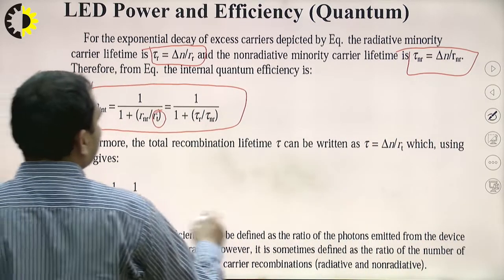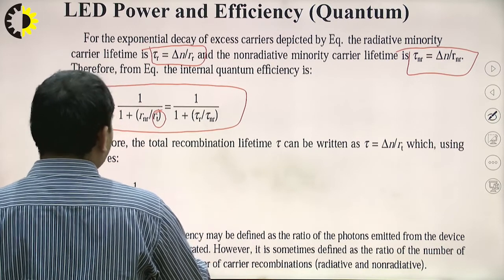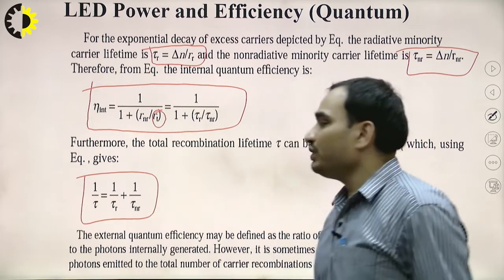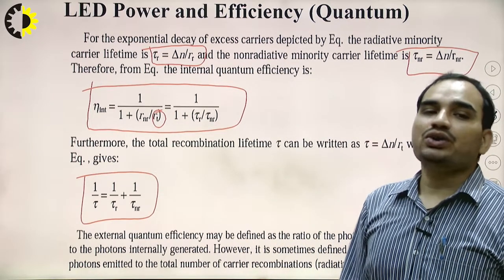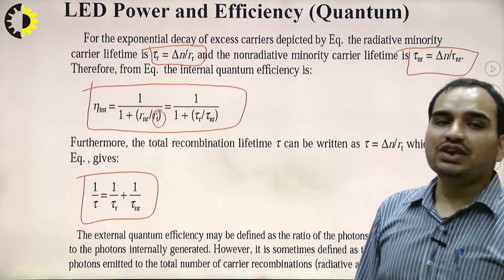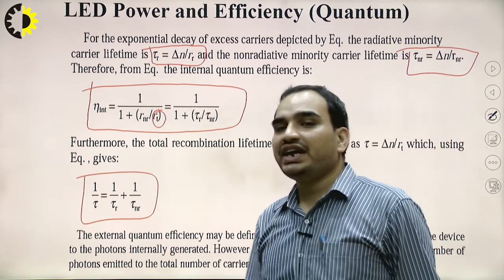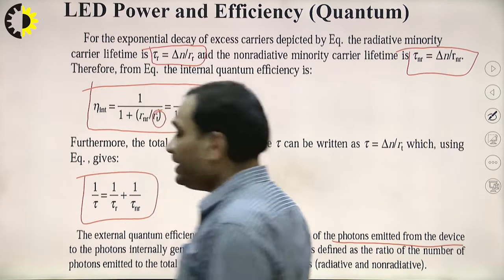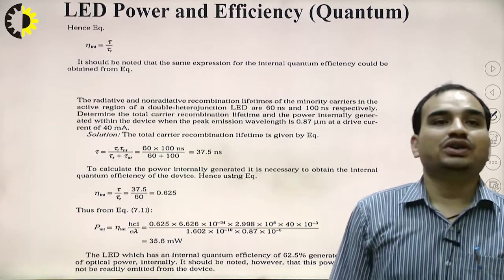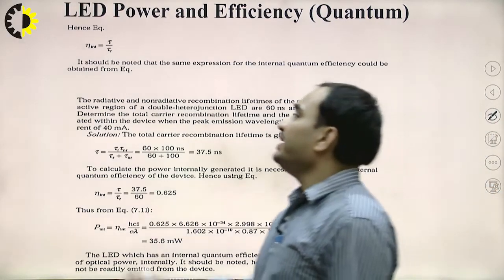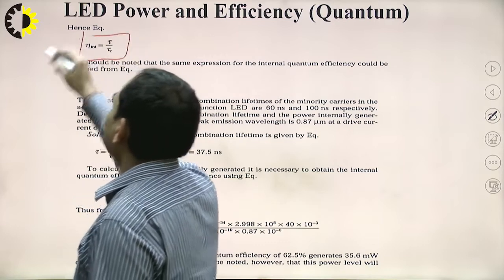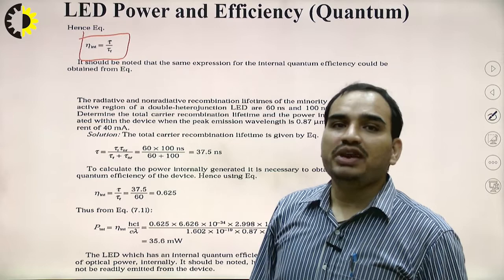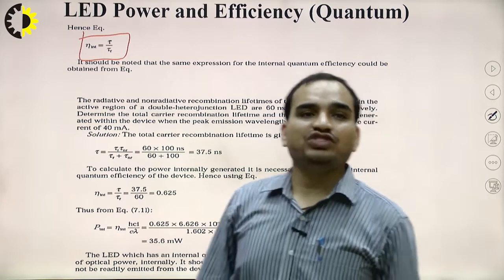Rearranging the terms, we can write τ as Δn by R_T, equals 1 by τ, equals 1 by τ_r plus 1 by τ_nr. The external quantum efficiency may be defined as the ratio of the photons emitted from the device to the photons internally generated. Here we can write the internal quantum efficiency in terms of τ_r. It can be noted that the same expression for the internal quantum efficiency could be obtained.